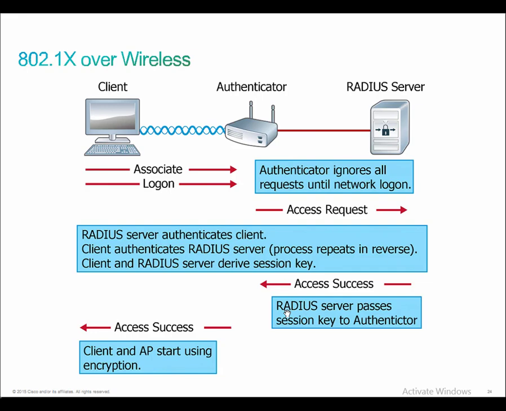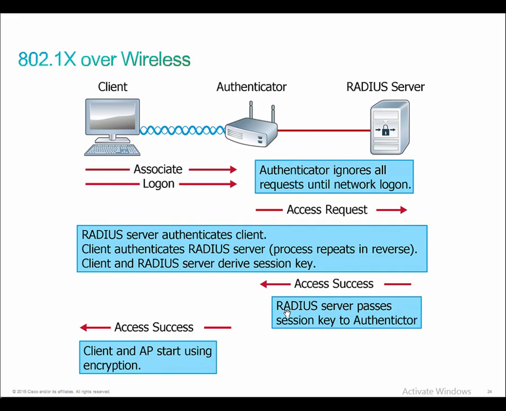All the other network traffic is still blocked because we haven't successfully completed the authentication process. After we receive radius traffic back from the radius server indicating that the client has been authenticated, now we can continue, or we can essentially process data.